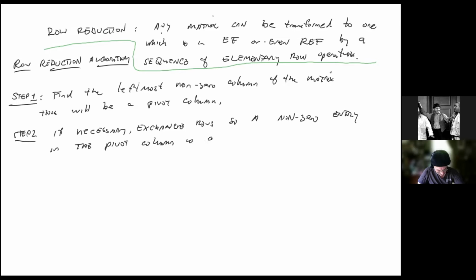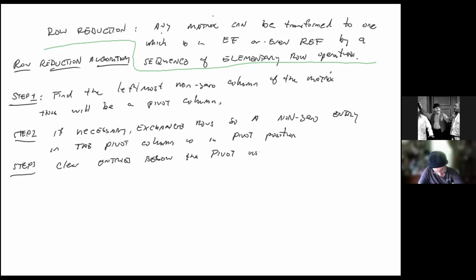Step three is we clear the entries below that pivot using elementary row ops. Okay, step four.